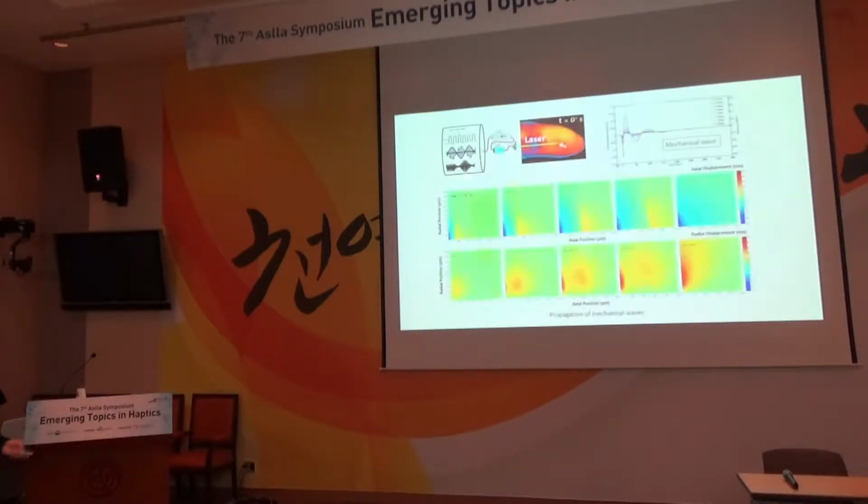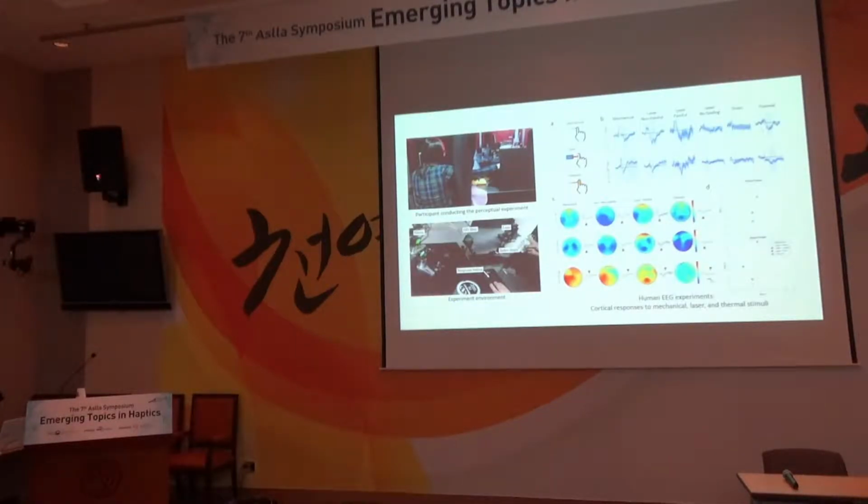So the wave is right here, and we also simulated the result for the axial and radial conditions, and we superimposed these two results. We can draw a graph of the mechanical wave. The rightmost figure shows that.